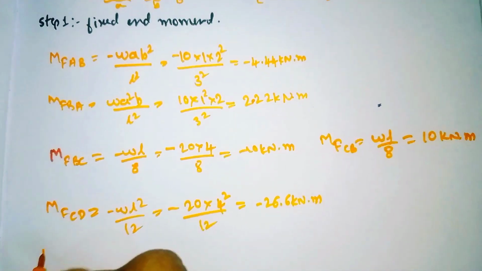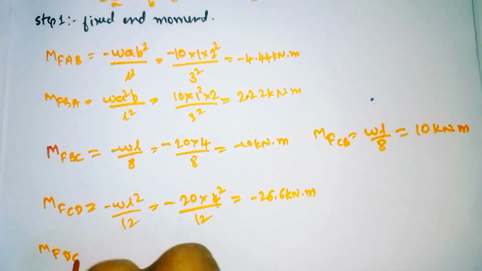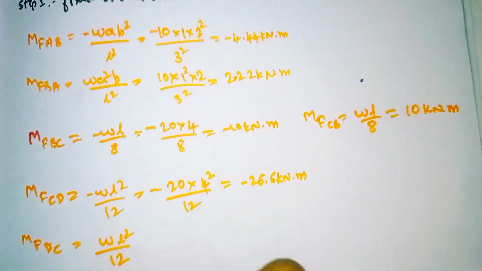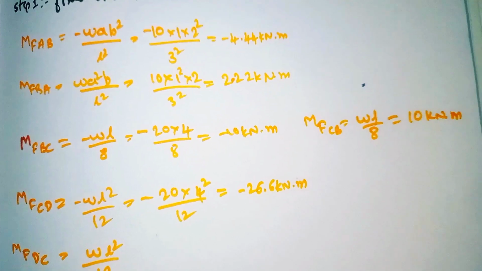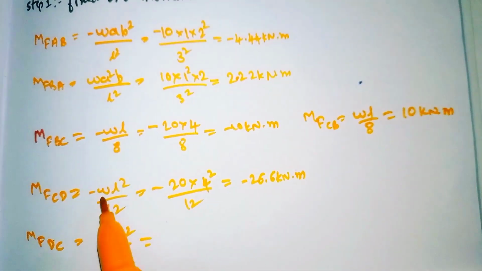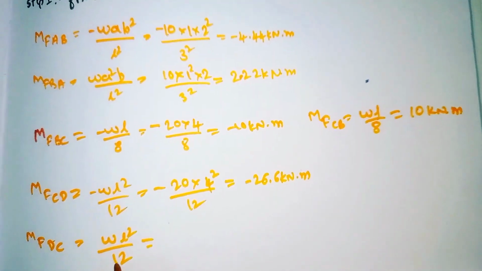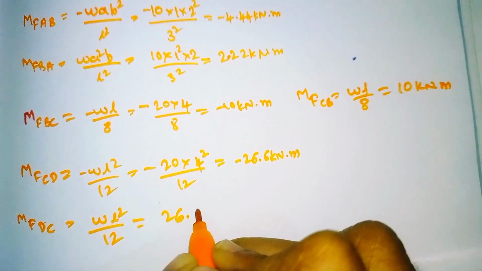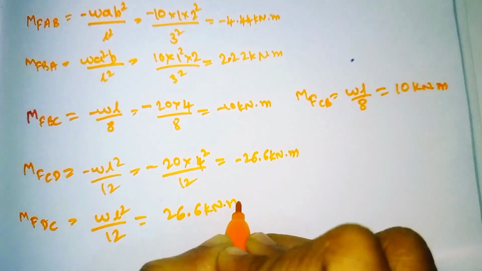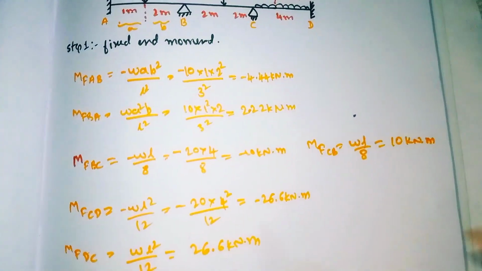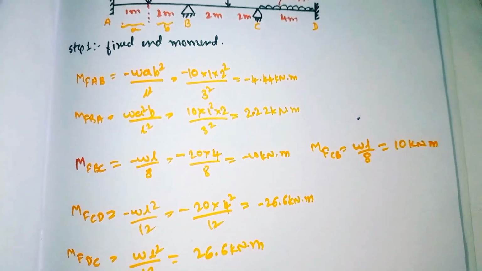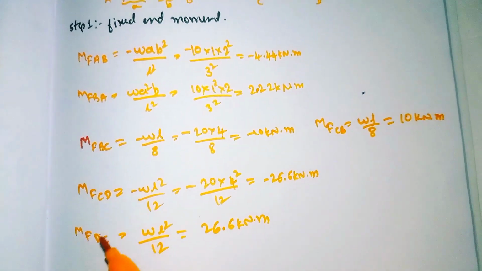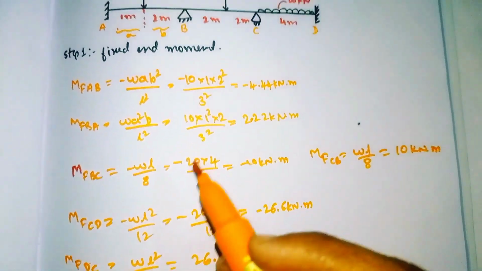For MFDC we have the formula WL squared divided by 12. Here the formula is the same, only the sign will change, so the answer will come positive, 26.6 kilonewton meter. So this is how we calculate the fixed end moments for spans AB, BA, BC, CB, CD and DC.